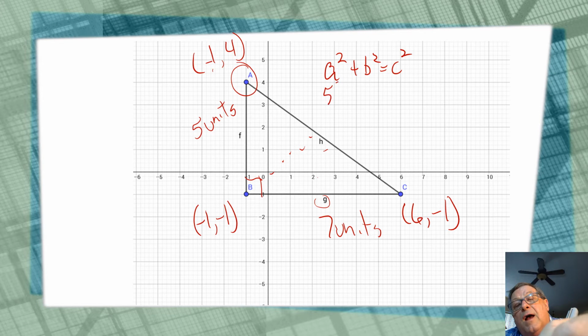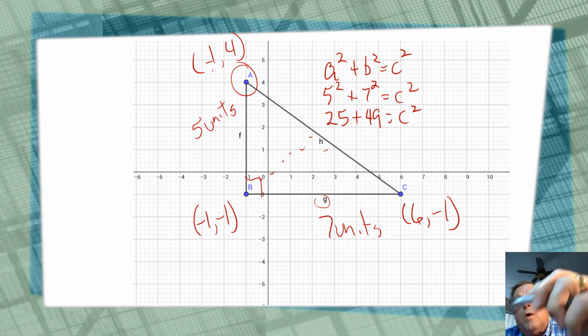So 5 squared plus 7 squared, the measures of my two legs, equals c squared. 5 squared is 25, and 7 squared is 49. 25 plus 49 is 74.